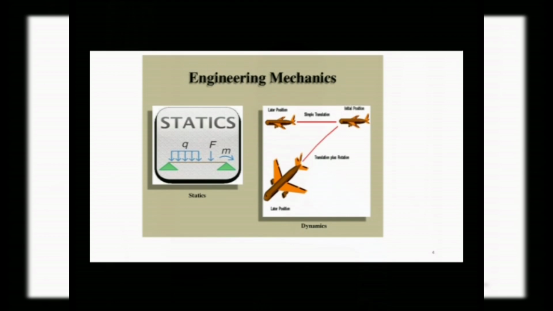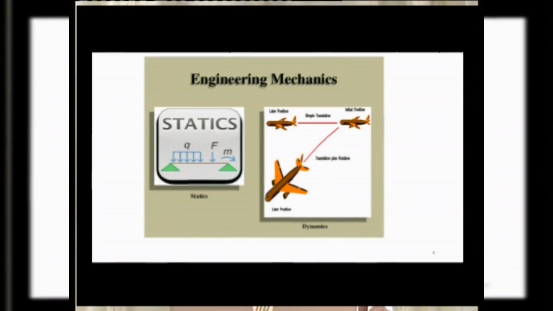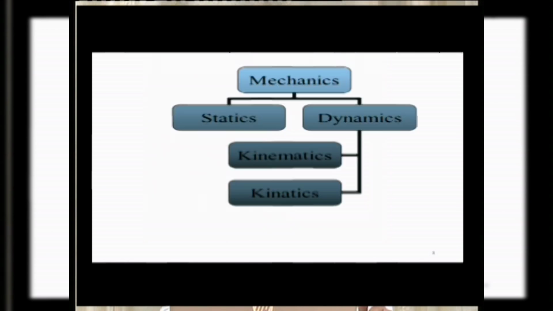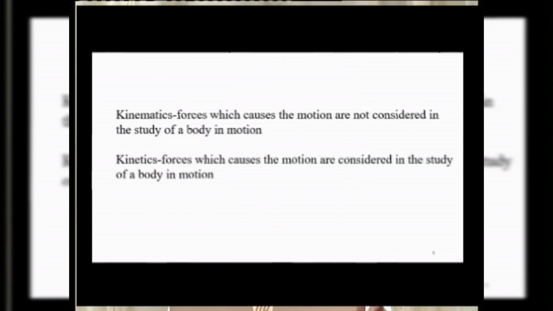Here is a typical diagram of engineering mechanics. As I told you, there are two major parts in engineering mechanics: statics, where we study the behavior of a body at rest, and dynamics, where we study the behavior of a body in motion. Under dynamics, it is again subdivided into kinematics and kinetics. What is kinematics?